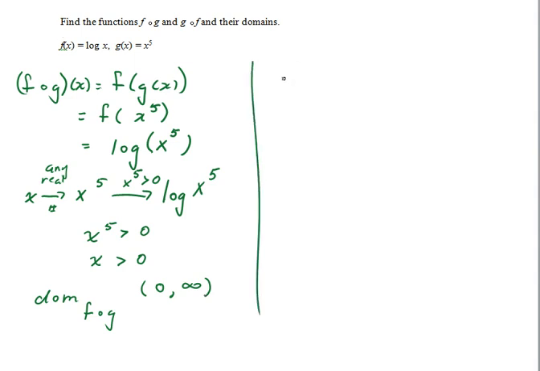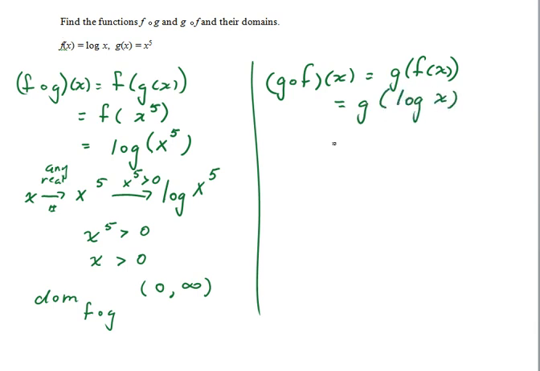In the other direction, we have the composition of g with f of x, which is what g takes f of x to. And f of x is the common log of x. And g raises whatever it sees to the fifth power.